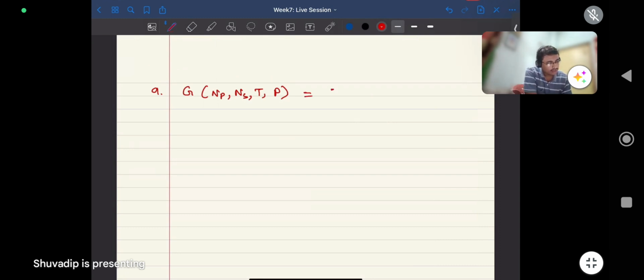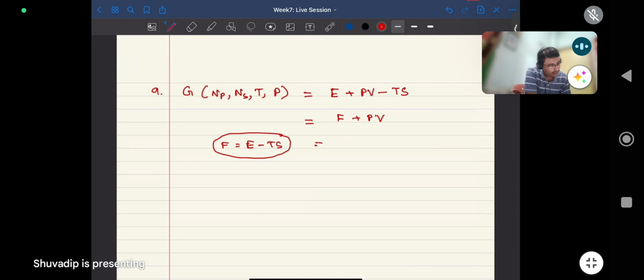the formula, which is E plus PV minus TS. Now E minus TS is F. So this can be written as F plus PV. Now if this is an incompressible fluid, then volume is no longer a variable.